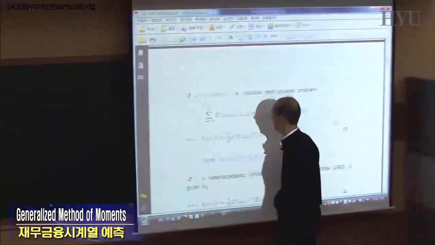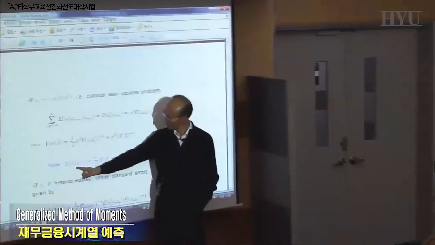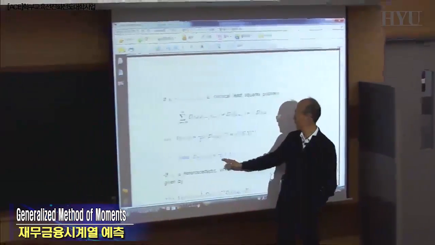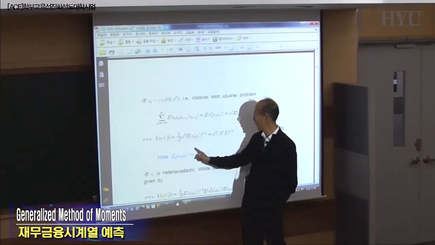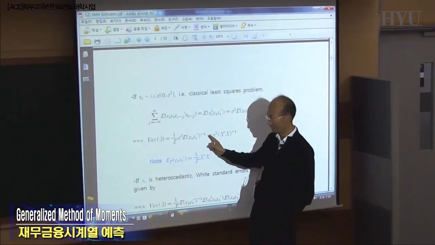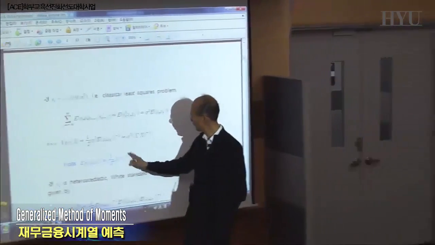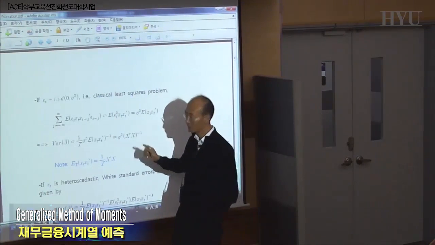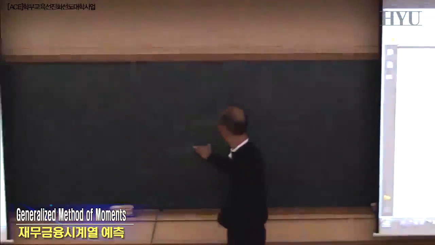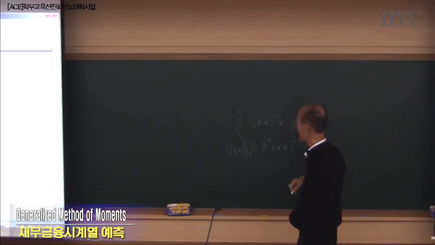Only this term survives because the sample moment is computed in this way. So if you plug this in there and take the inverse, then this t cancels out and this sigma squared and that inverse survive. So the usual formula for the variance of beta hat is sigma hat squared times x transpose x inverse.